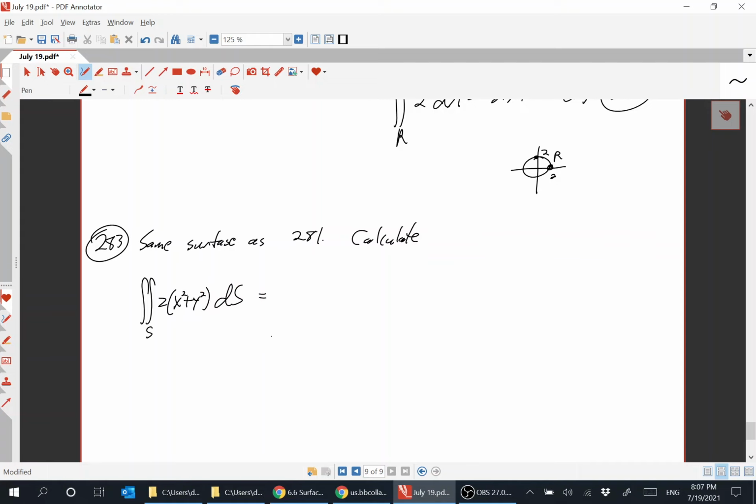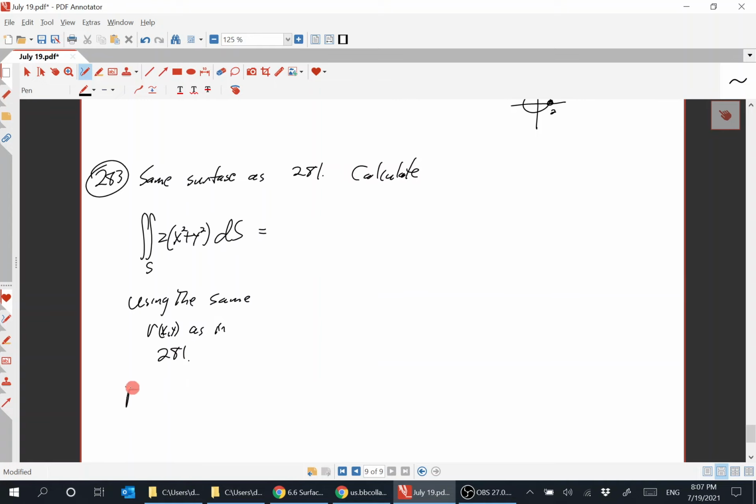So using the same r of x, y as in 281, rx cross ry, the partial derivatives, was 2 over square root 4 minus x squared minus y squared. Okay, and now f of x, y, z is z times x squared plus y squared.